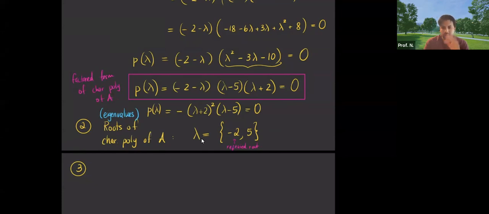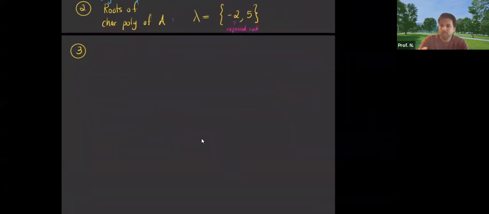But hopefully, as we continue on that line of thought, you'll see the significance of the repeatedness of the root. So right now it's just a repeated root. But it has something to do with the dimension of the eigenspace.